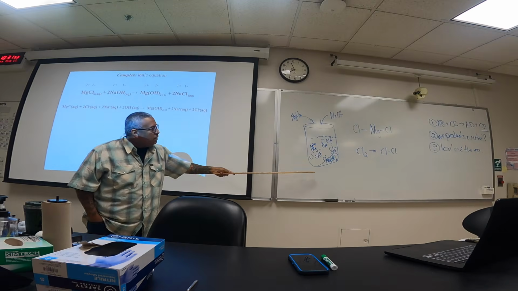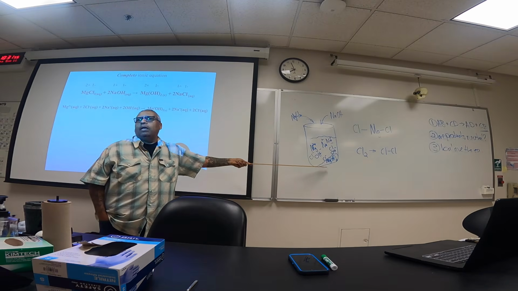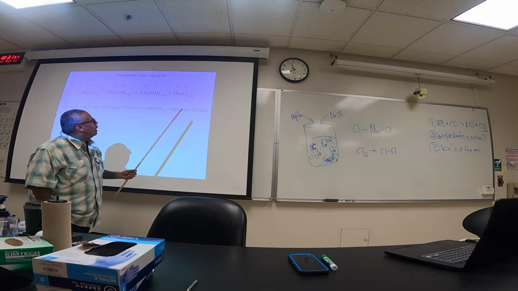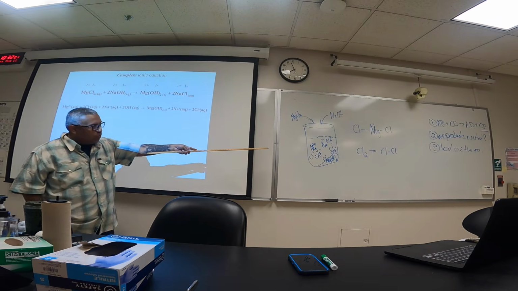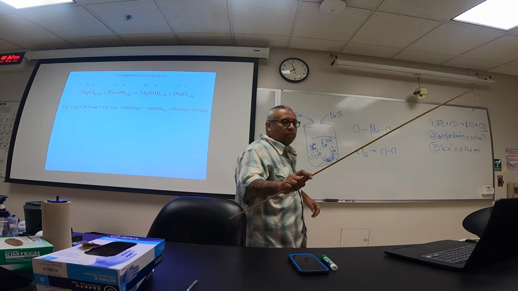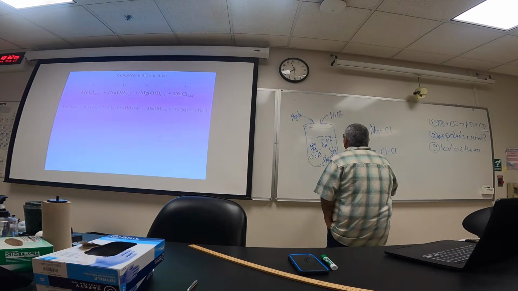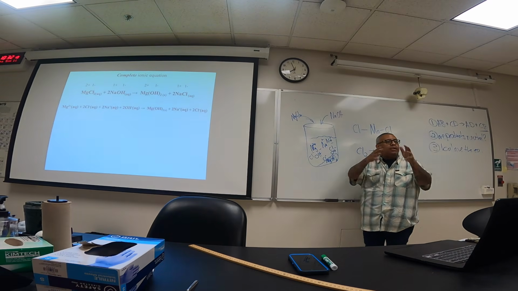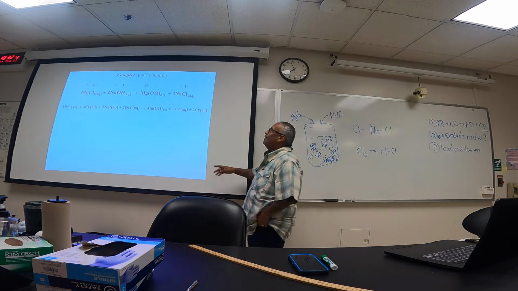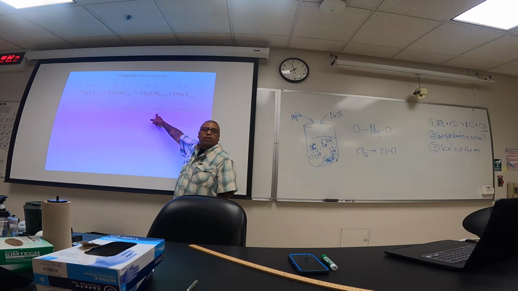Well, because in our beaker, it's not separated. It's at the bottom of the beaker, magnesium hydroxide, solid. And then we still represent our 2 moles of chloride, 2 moles of sodium here. So that equation there represents what we see in this beaker. We're going to separate everything into ions except for the solid.